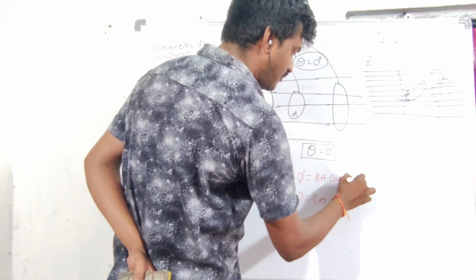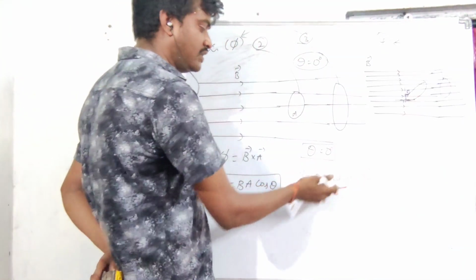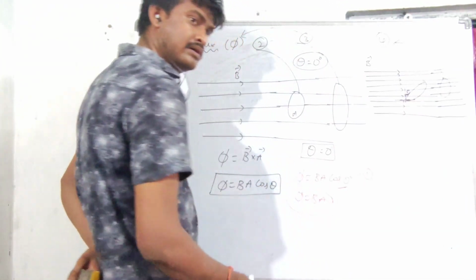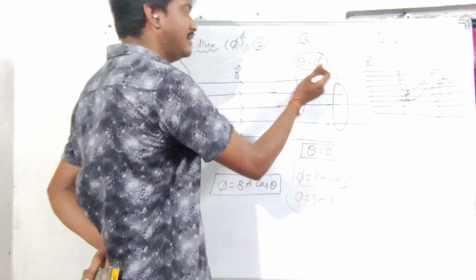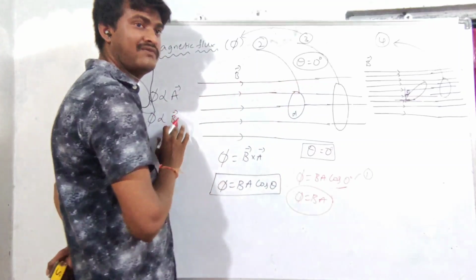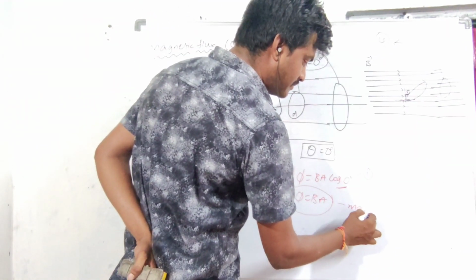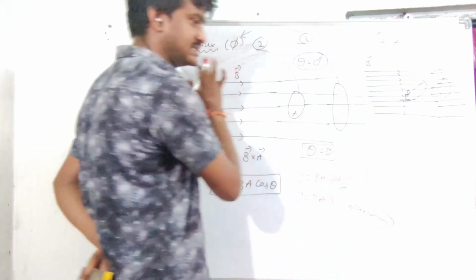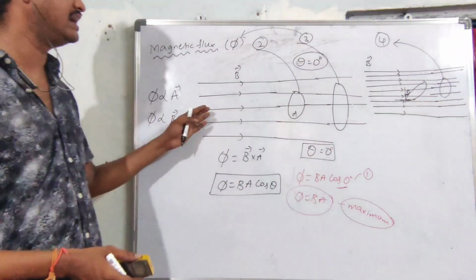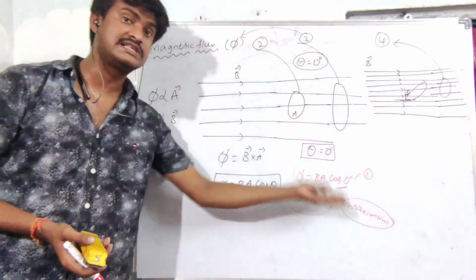Cos 0 is 1, so BA into 1 is BA. When theta is 0, there is no angle between area and magnetic field, and we get the maximum magnetic flux.